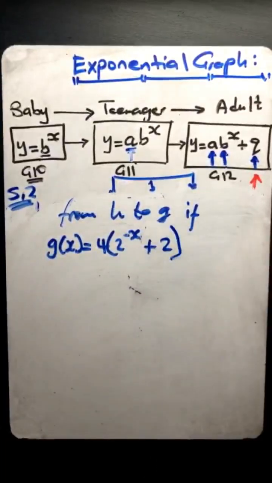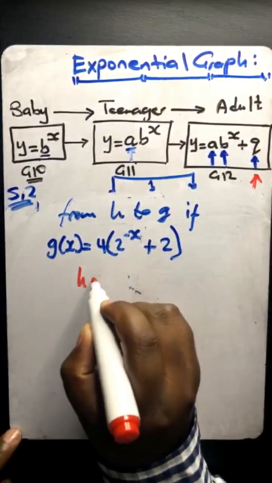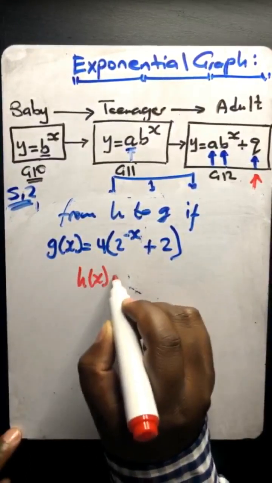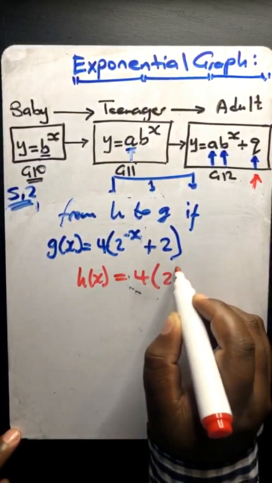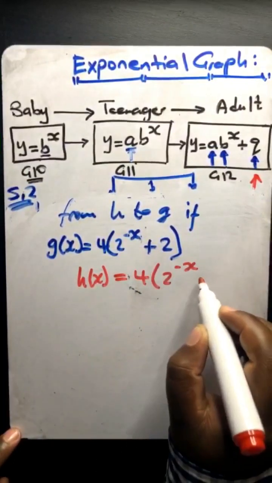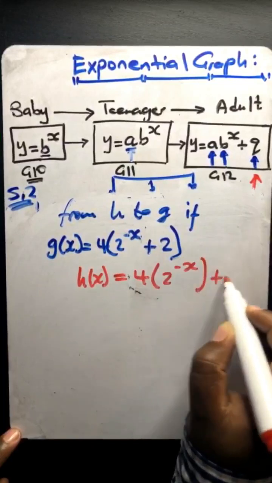Now, what is h? You need to remember that h is what you were given as h of x being equal to 4 times 2 to the exponent x plus 1.